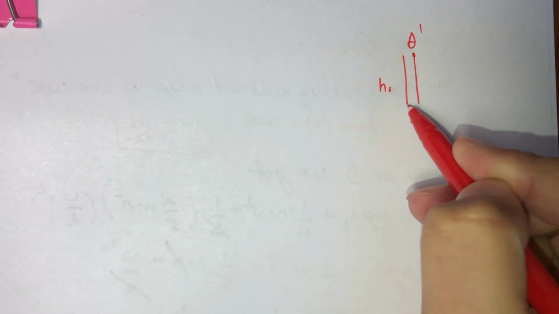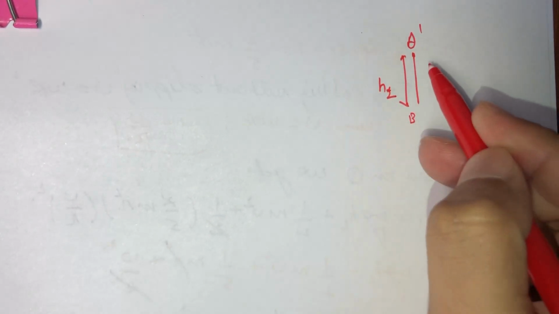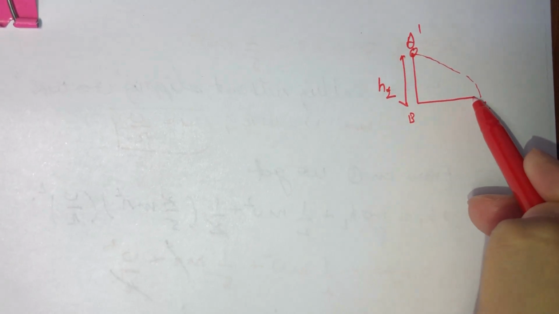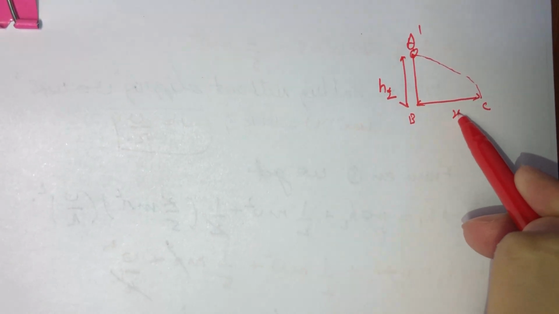Now we are going to use that. Let me draw this figure once again here. So the vertical distance that will be traveled by the projectile will be of height h2, which is nothing but 1 meter. So this is our point C, and we just said this will be our x.